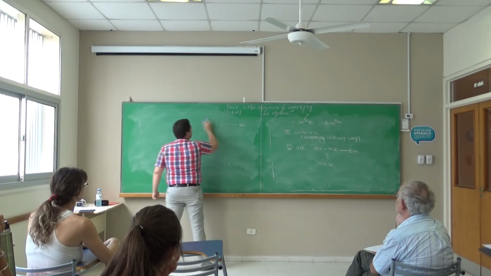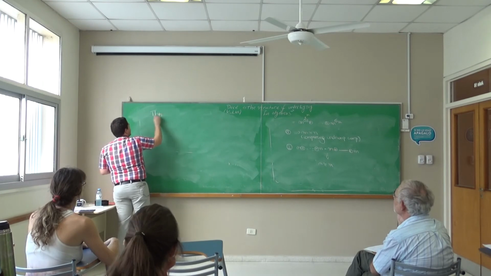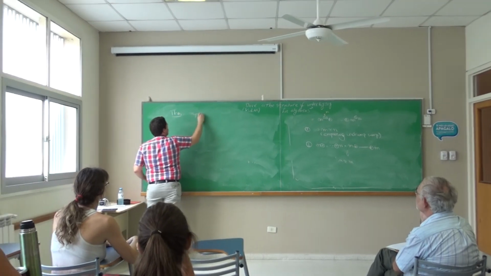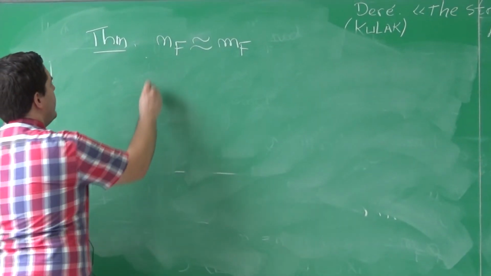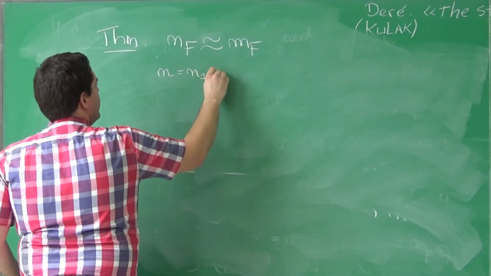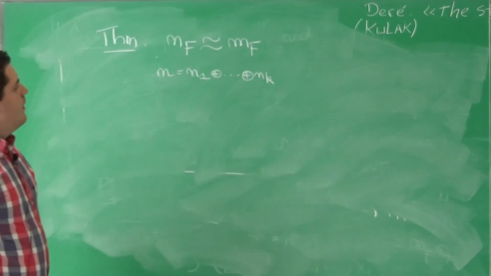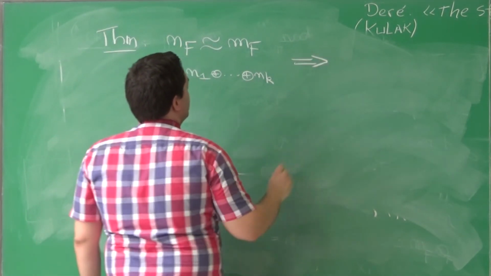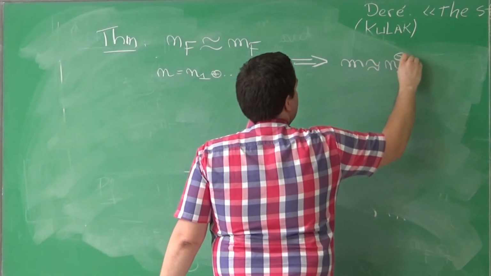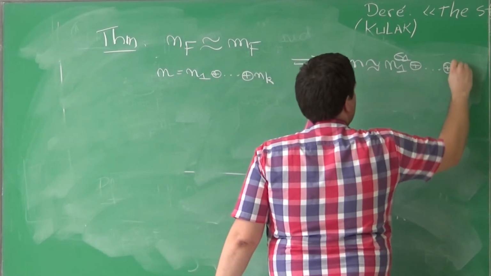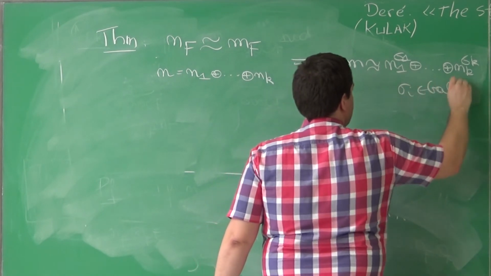The first is the most general theorem. What can you conclude from the fact that the underlying Lie algebras are isomorphic? Suppose the underlying Lie algebras are isomorphic, and you write n as a direct sum of indecomposable components. Then the conclusion is that M is isomorphic to N1 to sigma 1 up to Nk to sigma k for some sigma i in the Galois group.